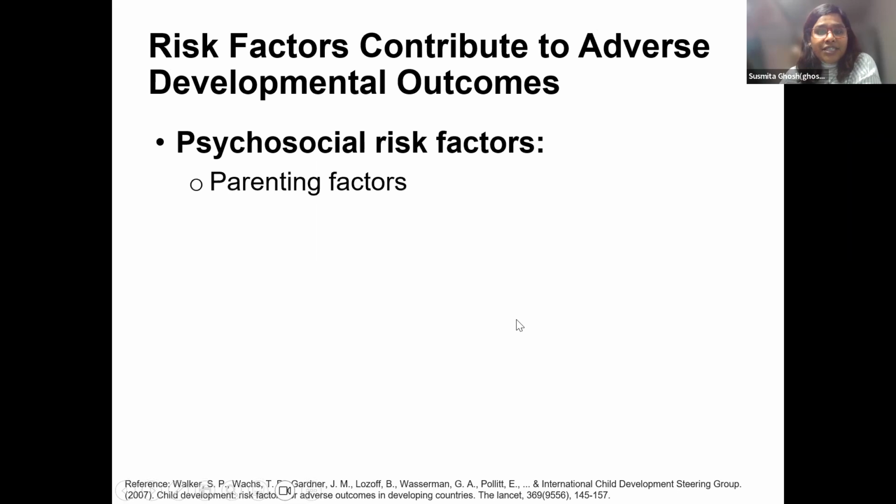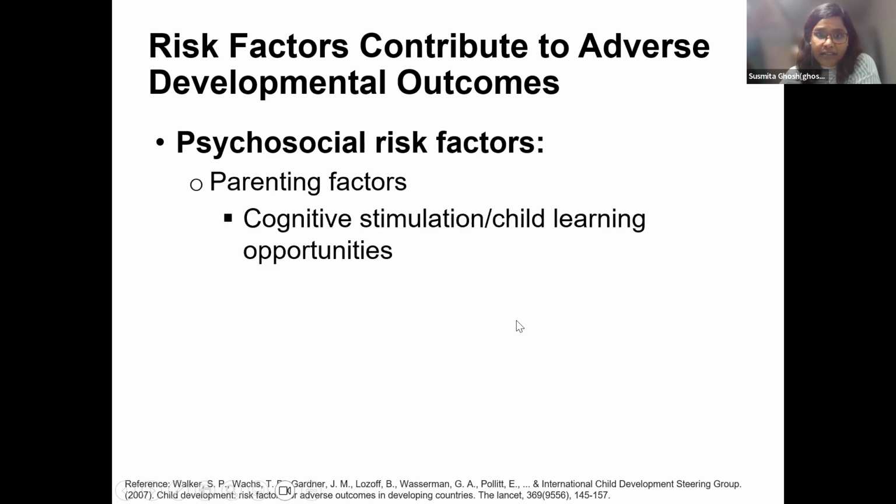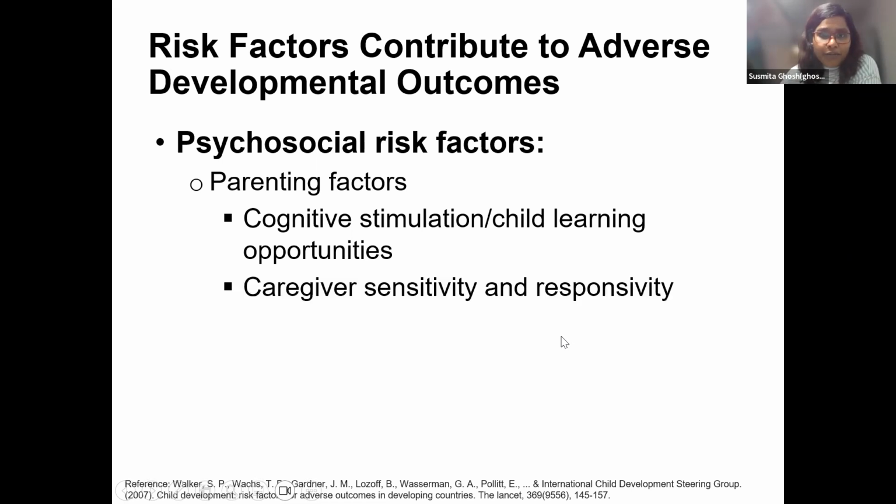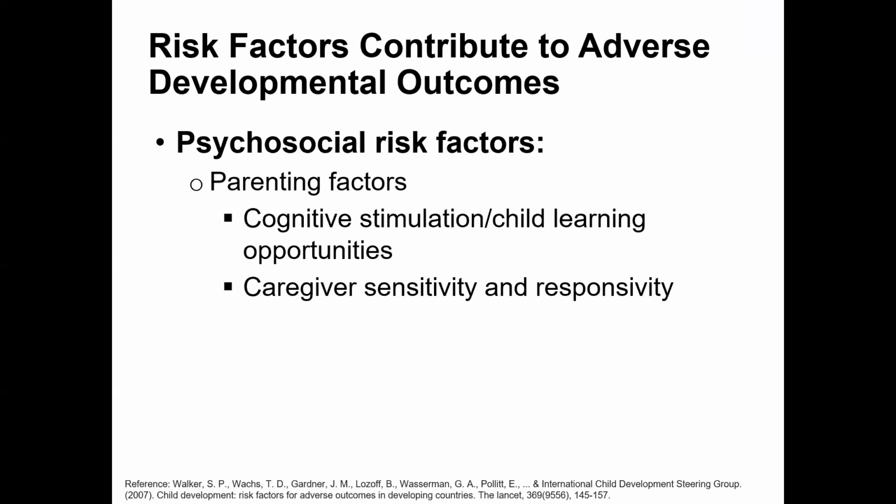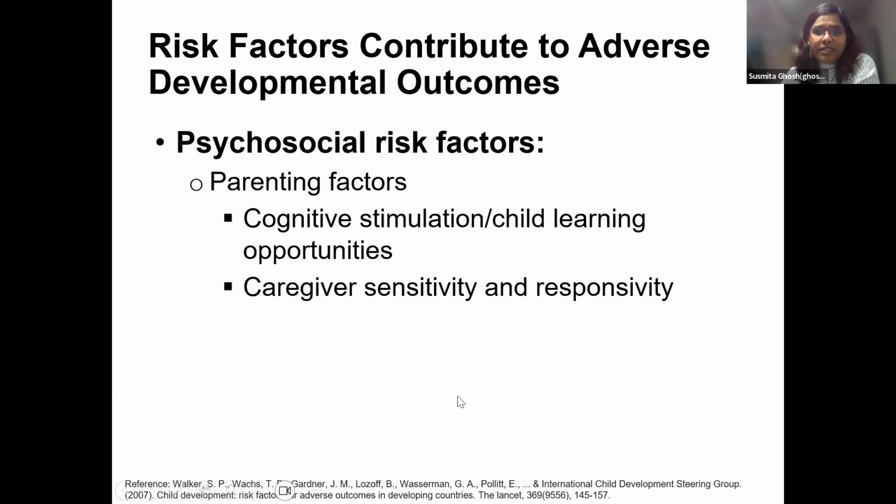The psychosocial risk factors can be parenting factors such as cognitive stimulation or child learning opportunities, and caregiver sensitivity and responsivity. When children are not in stimulating and responsive environments, it is very unlikely that they will demonstrate the same competencies as children who are in stimulating and positive environments.